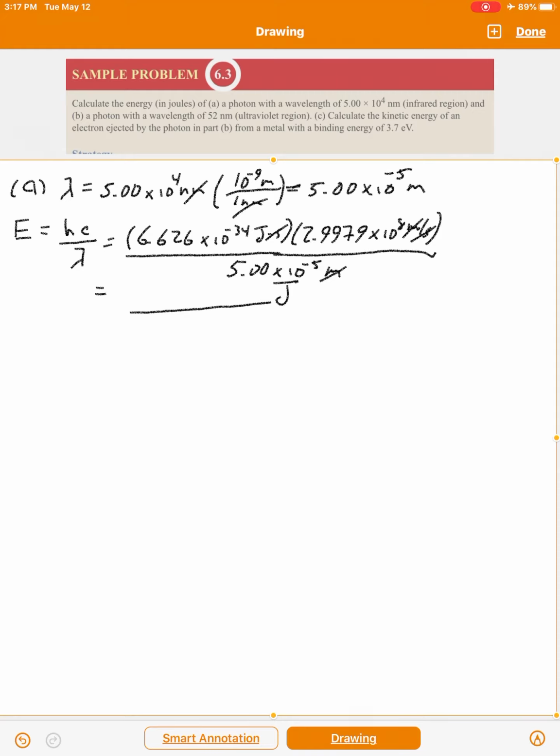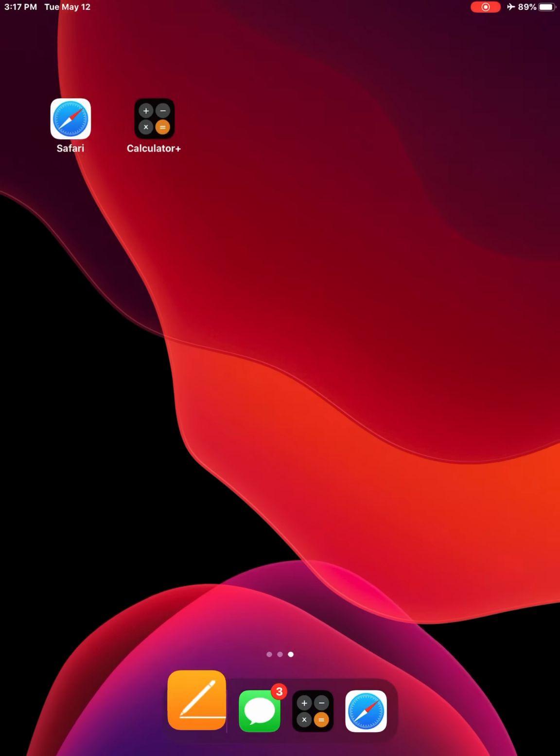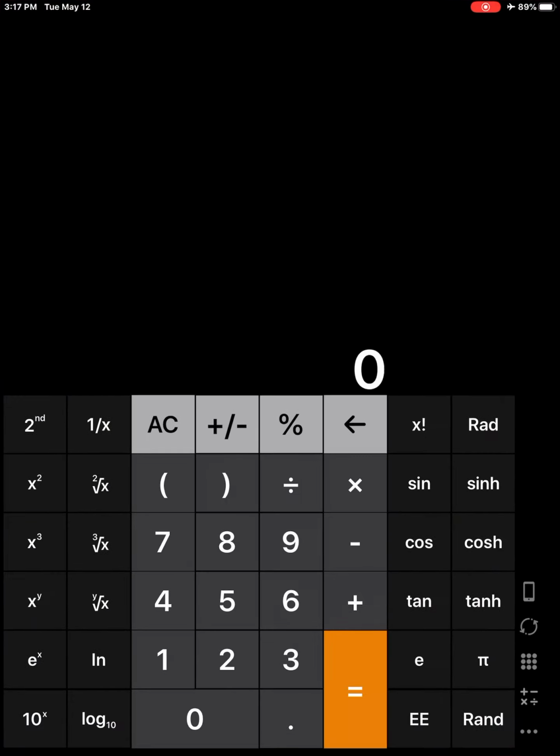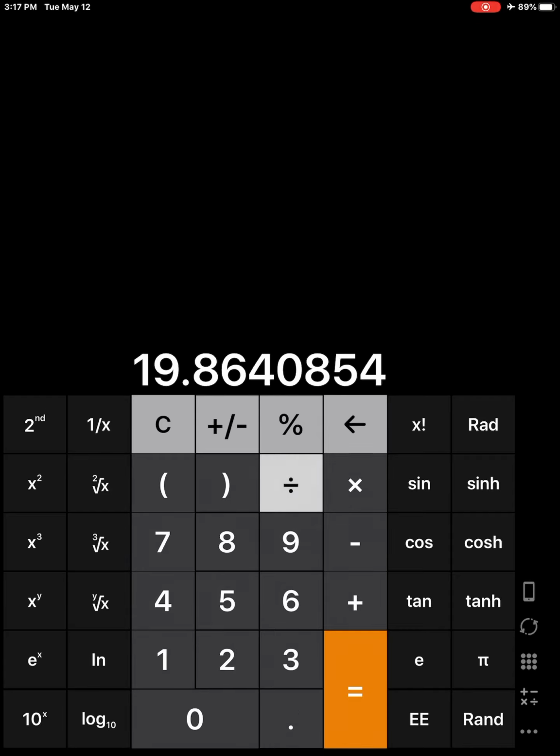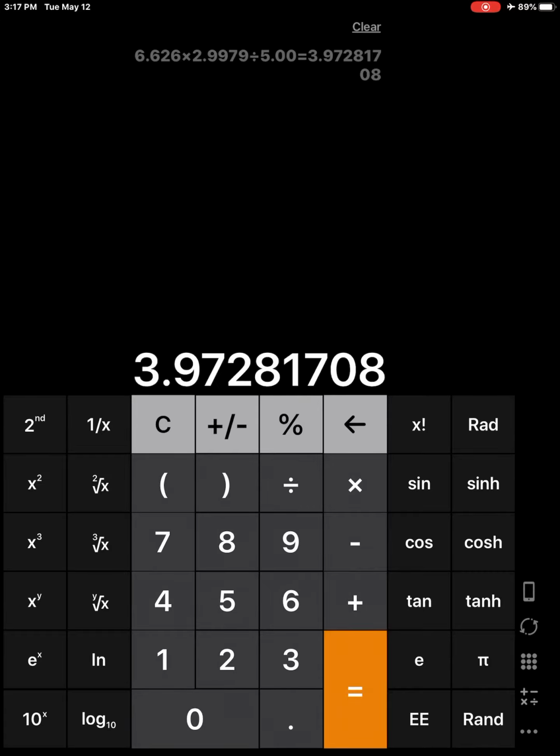So 5 times 10 to the minus 5 meters. So let's go ahead, again, this untrusty calculator. Let's do hc, 6.626 times 2.9979 divided by 5.00. And you get 3.97.